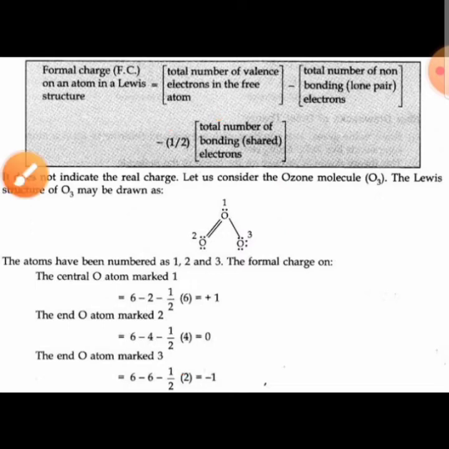When you calculate 6 minus 6 minus half into 2, it is equal to minus 1. So on the third oxygen, we have to represent one negative charge, on the first oxygen there is a positive charge, and on the second oxygen there is no charge. So this is the formal charge calculated on ozone.